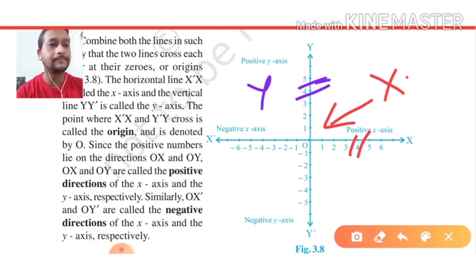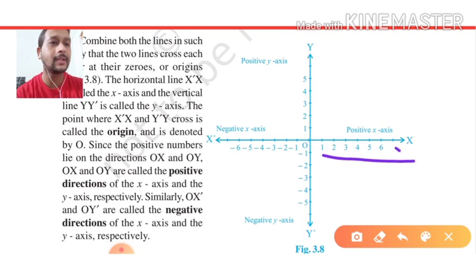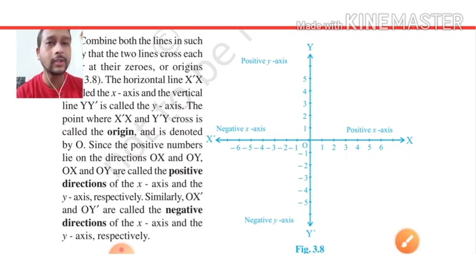Always remember, the positive direction of the x-axis will always be on the right hand side. Before discussing the positive and negative parts, we have to know how they are positive and negative.